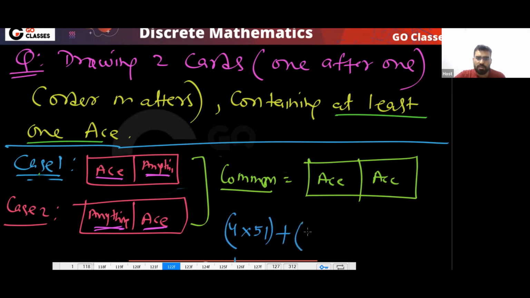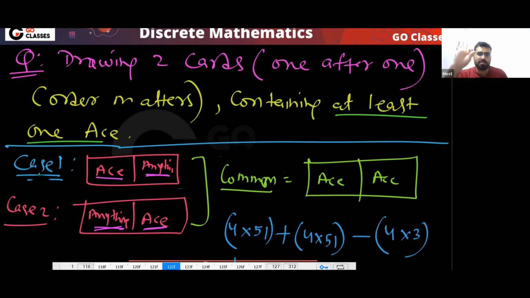Case 2 is also 4 multiplied by 51, because in case 2 you first put here and then here; here you have 4 choices and here you have the remaining choices. And minus 4 multiplied by 3. So this will be your answer.